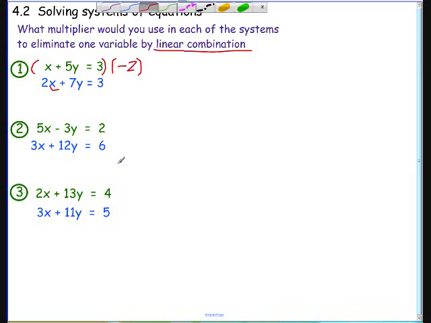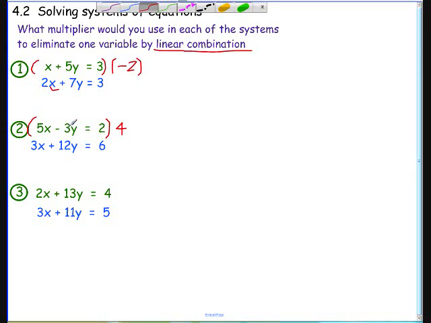Let's look at this one. I'm always looking for the least amount of work and the solution that has the fewer hazards. This one. Oh, this one, I think I would multiply this by 4. Now, why did I choose that?